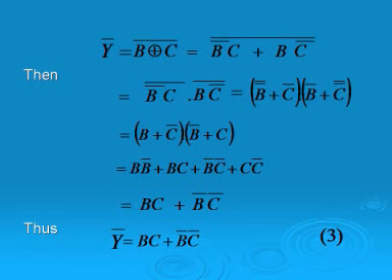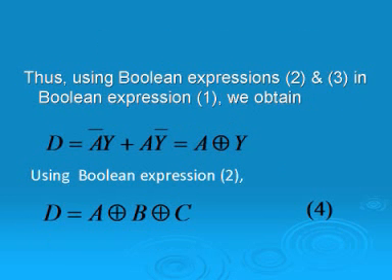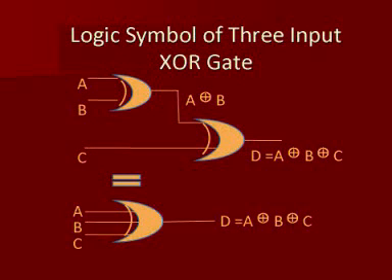Coming back to the Boolean expression for D, using this we can write down D is equal to A bar Y plus A Y bar, which is nothing but A XOR Y, and substituting for Y equal to B XOR C, we write the Boolean expression for D, that is A XOR B XOR C. Now let us build the logic circuit for a 3-input XOR gate.